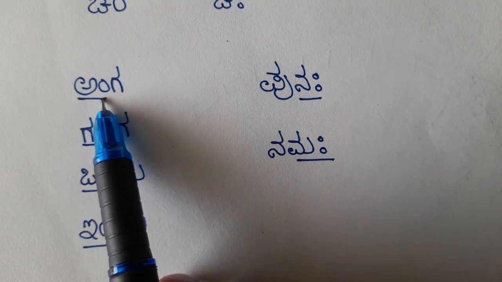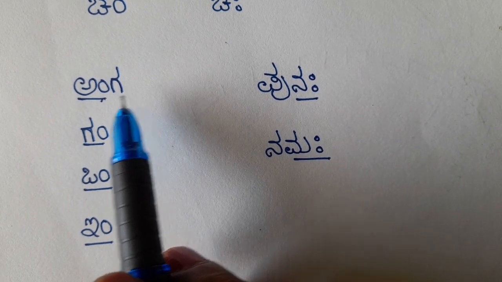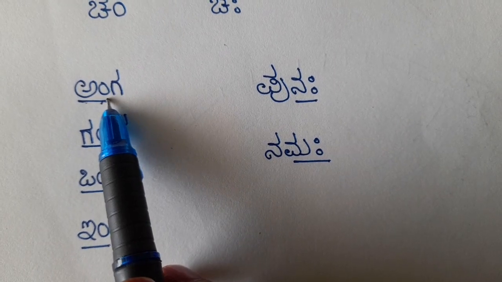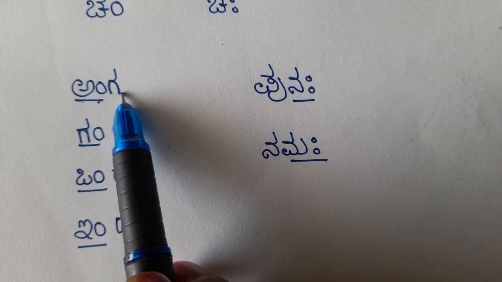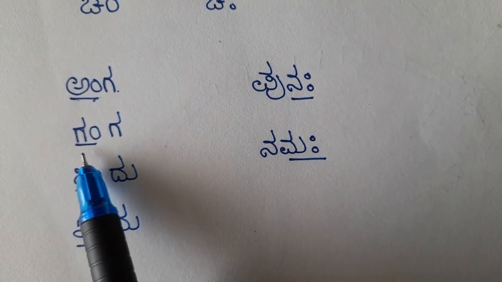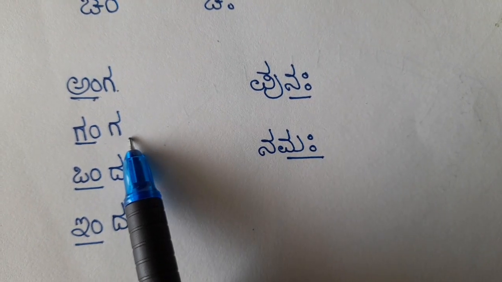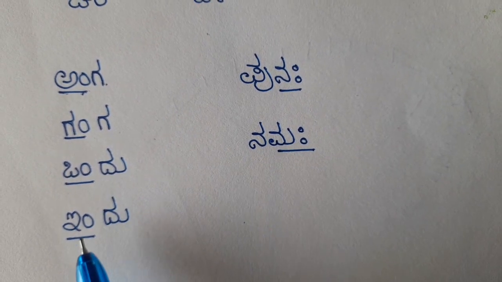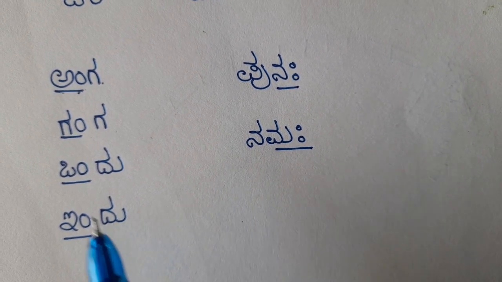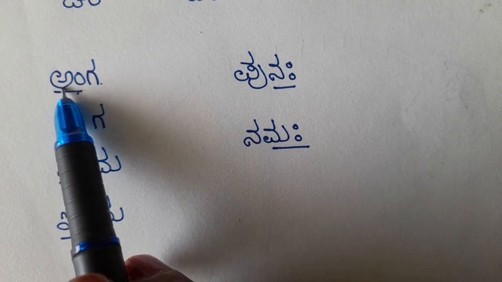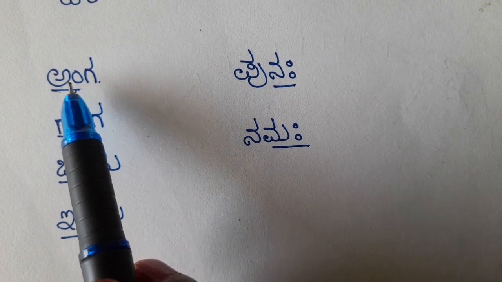Now here Anuswara, when we form words, how it is read. You have to read these two together and then the next letter. So ga, gang, ga. Pronunciation will be of the first letter and then the anuswara, like a and am.